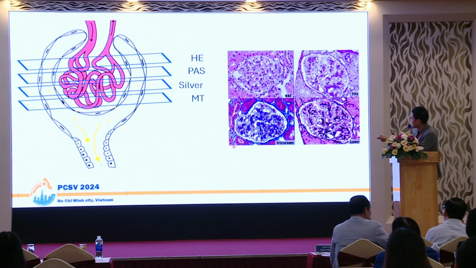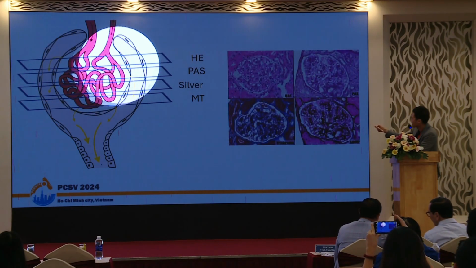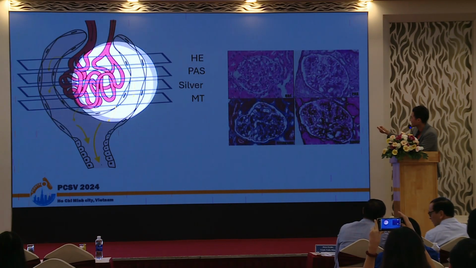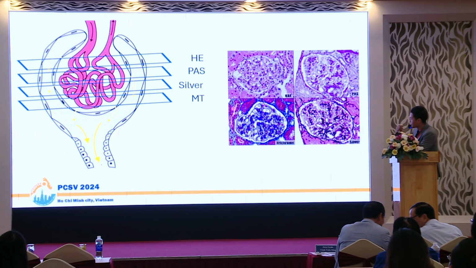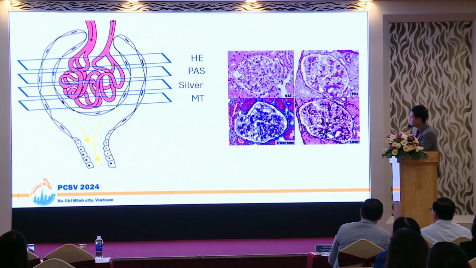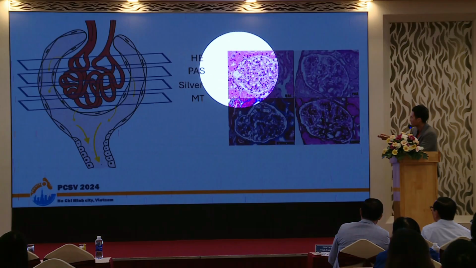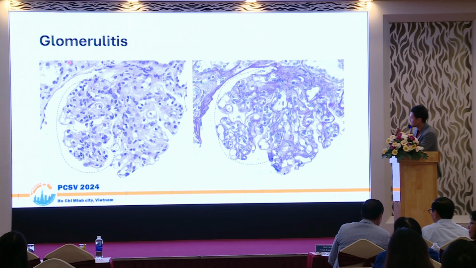Because I stain the sections sequentially in serial sections. So it is very important to incorporate the information from different stains from one glomerulus. This process is very important in kidney biopsy.